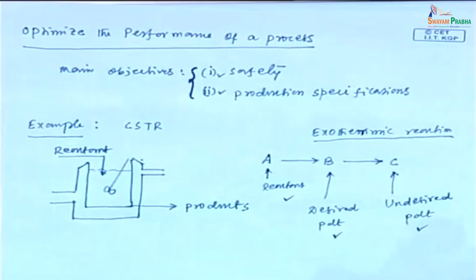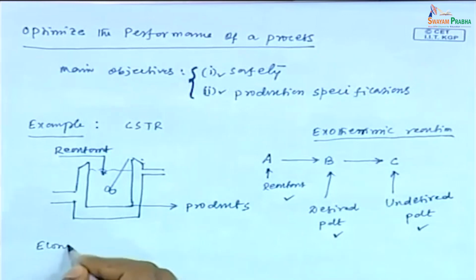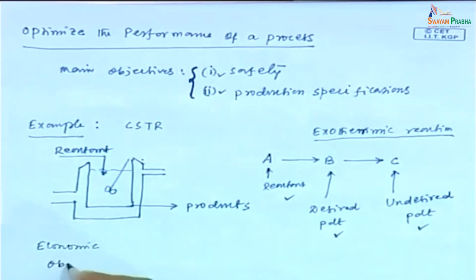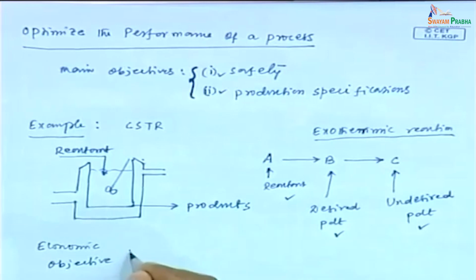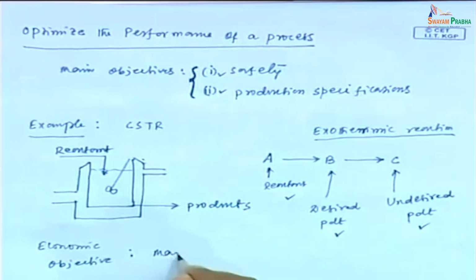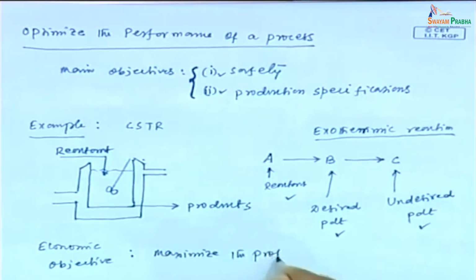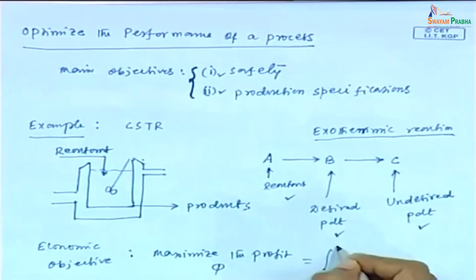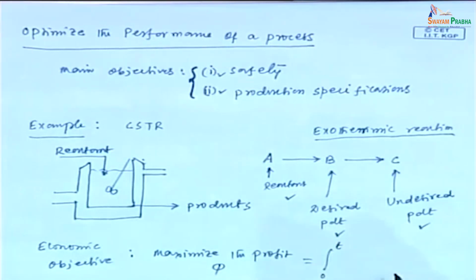Now, what is the economic objective for this process? The economic objective is to maximize the profit. Suppose the profit function is phi, an integration from 0 to T, where T is the operational time.